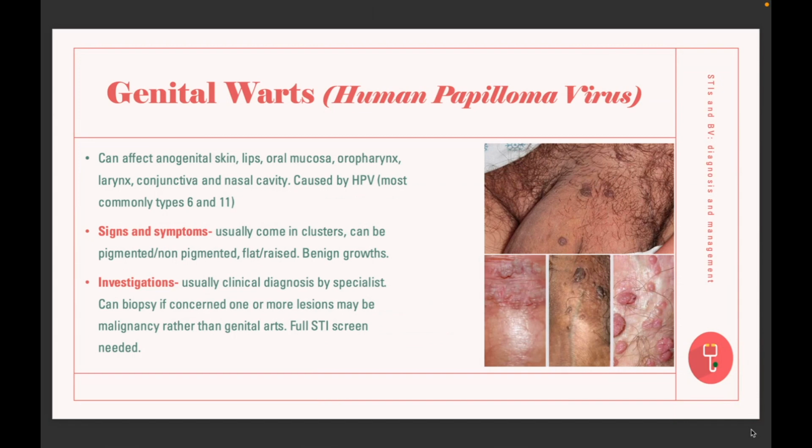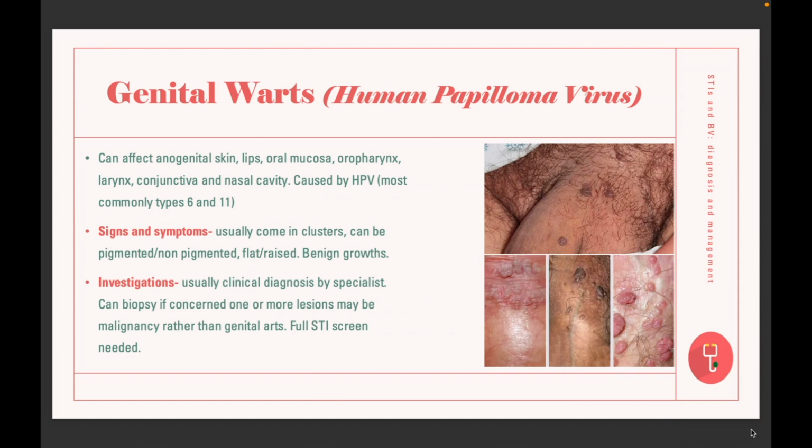So if we look at the pictures on the right-hand side, I tried to find pictures with different skin tones because they do look very different depending on the colour of the patient's skin. But they can look anything from pink to light brown to really dark brown. They can be flat to the skin, they can be raised, they're usually squishy, but they can look a bit scabby as well. Usually they won't bleed or look raw, and that's one of the ways of differentiating them from syphilis.